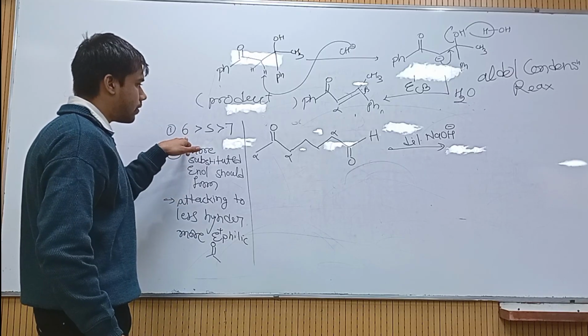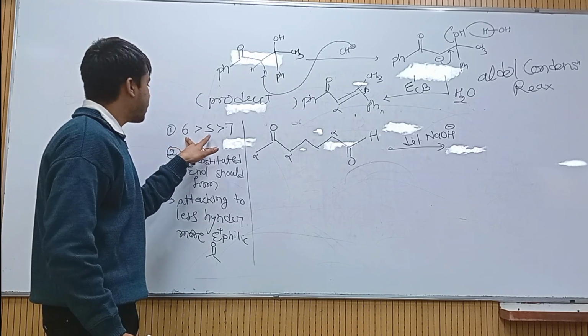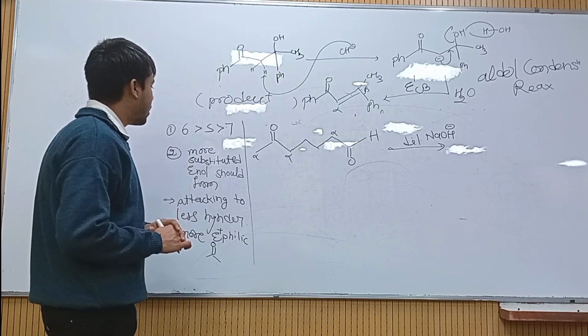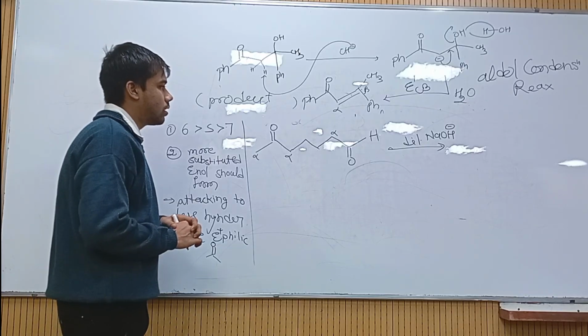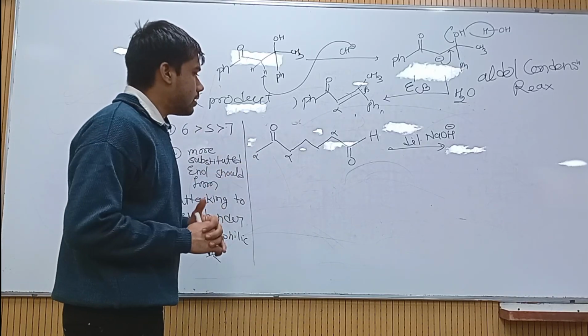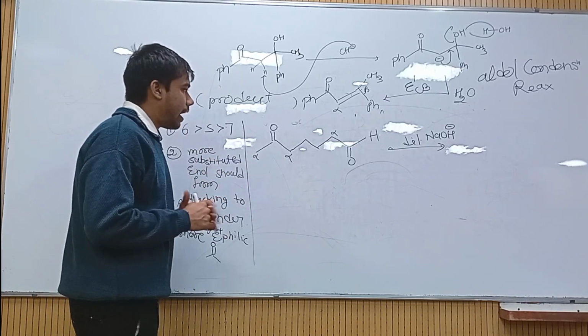So we have to check first how we can make a 6 member ring. Okay, so we can directly do this by having a trick.